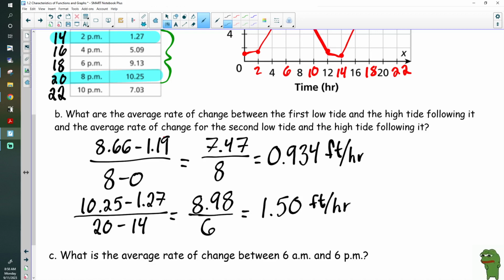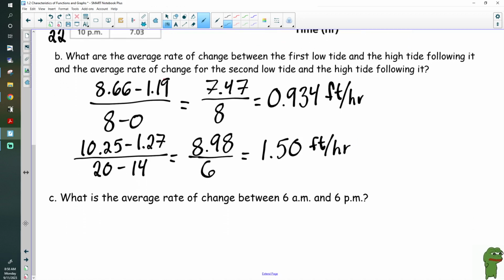Okay, then go ahead and do that last one. What is the average rate of change from 6 a.m. to 6 p.m.? So that is from 6 to 6 p.m. is what time? What is our number? 18. 6 to 18.